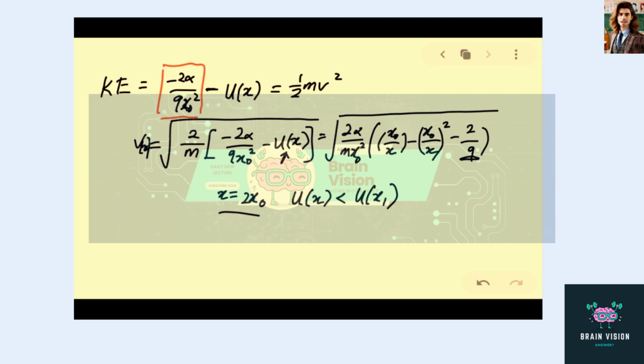So the expression inside this square root cannot be negative, or else it will be invalid. So there's a limit as to where the particle can be, and the particle now oscillates between x1 and some other point.